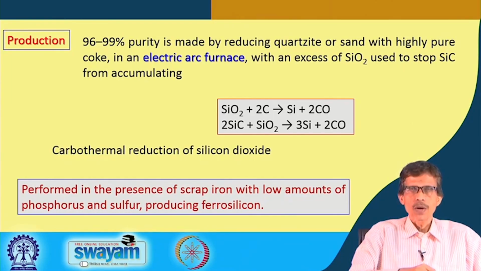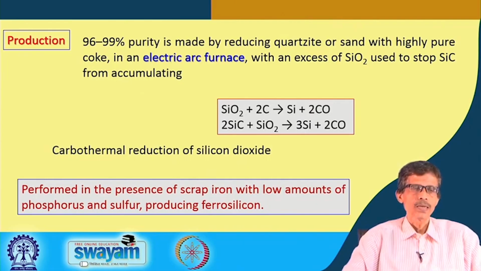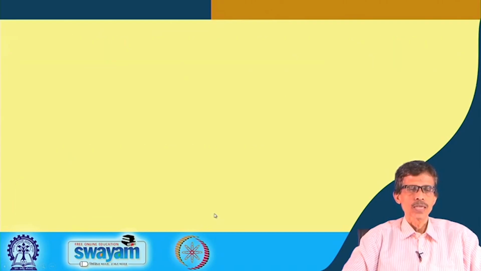It is basically performed in the presence of scrap iron with low amounts of phosphorus and sulfur, which can produce the ferrosilicon, because the ferrosilicon can also have some impurities like your phosphorus or sulfur along with your iron. So, iron is being trapped, and that iron basically can consume, giving you the corresponding variety of the material which is industrially very important, and we get ferrosilicon formation.